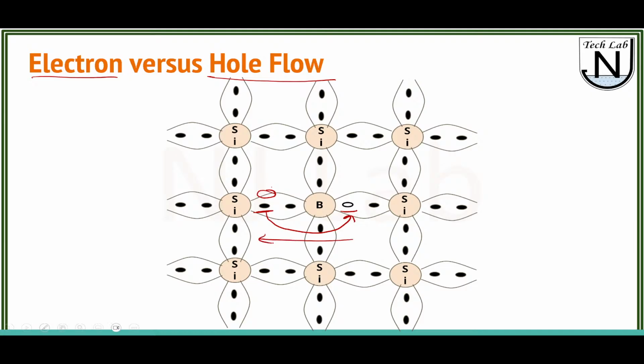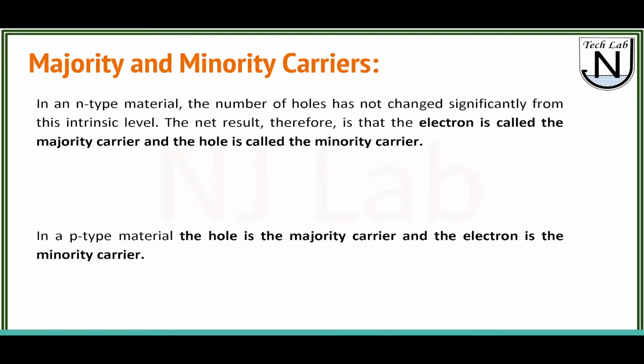Now if this electron moves over here, the hole moves further. So you can see how the holes are moving, and since positive charges are moving, it means current is there, right?